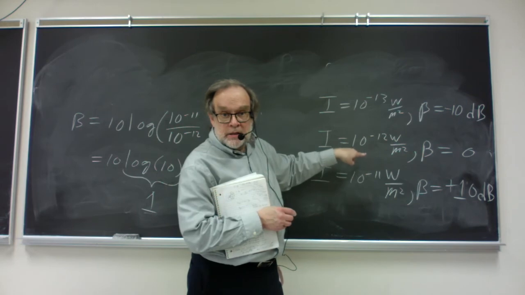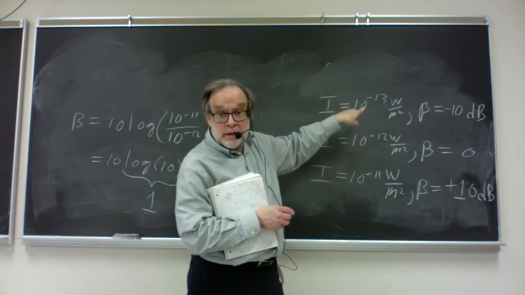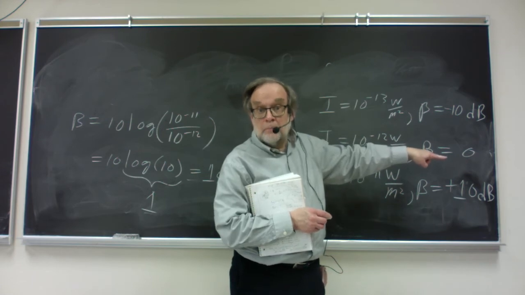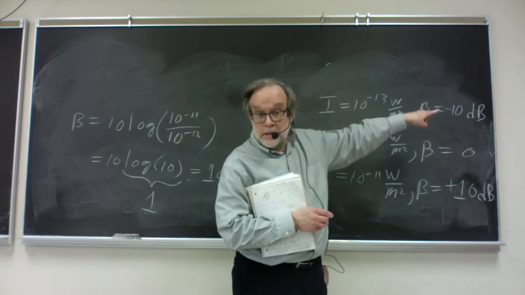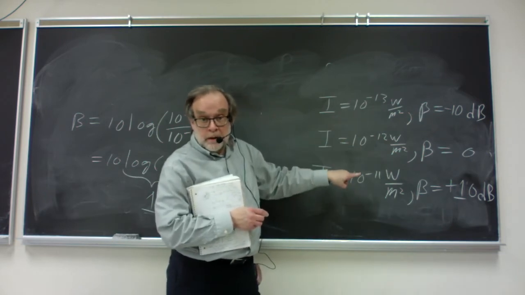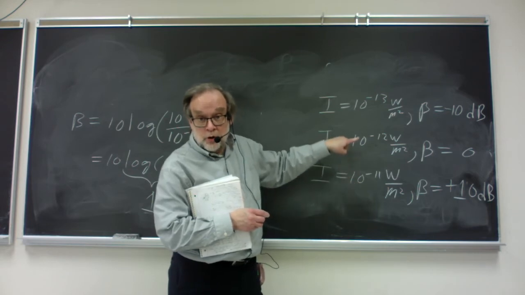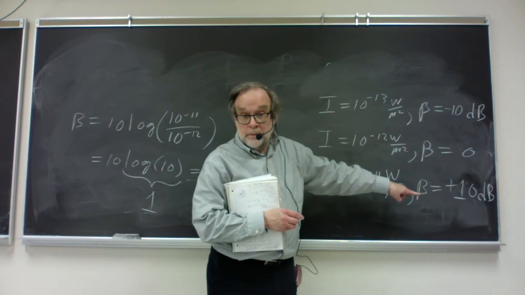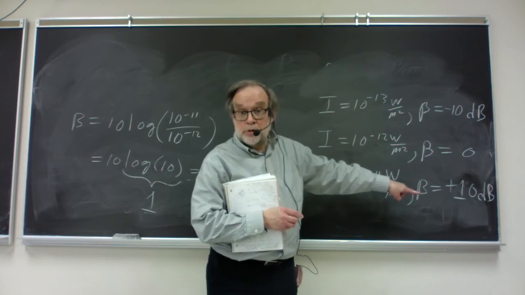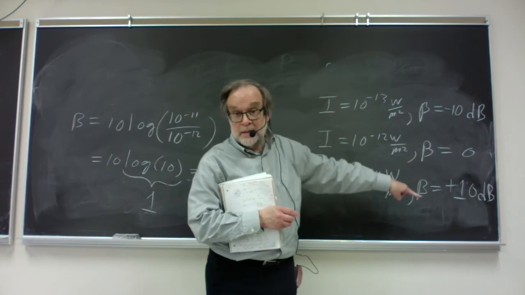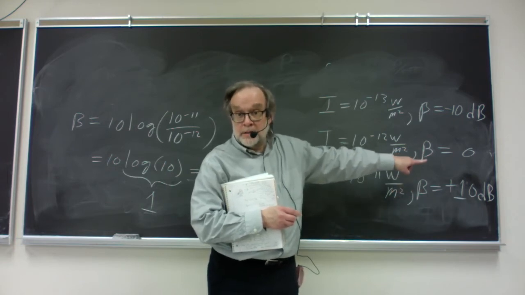This intensity is 10 times stronger than this intensity, so this decibel level is 10 plus this decibel level. And similarly, in jumping from here to here, this intensity is 10 times stronger than this intensity, so this decibel level is 10 decibels more than this intensity.